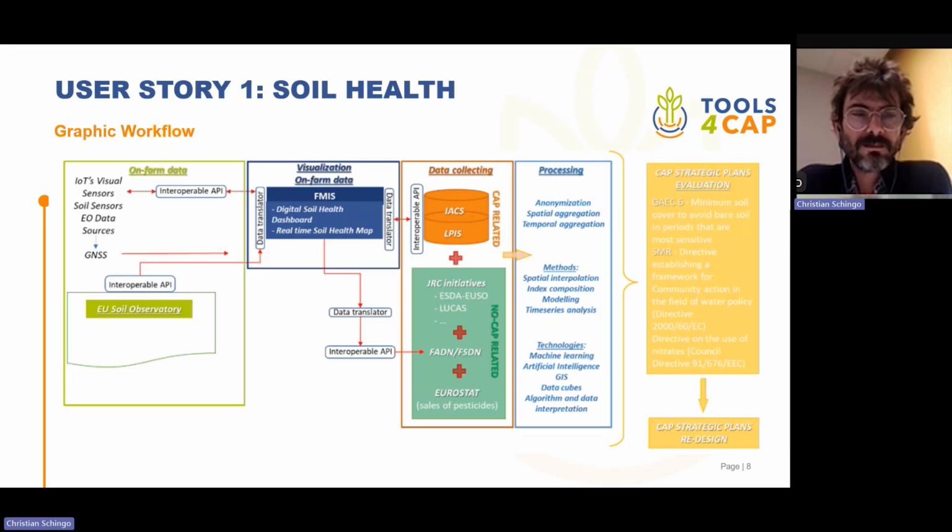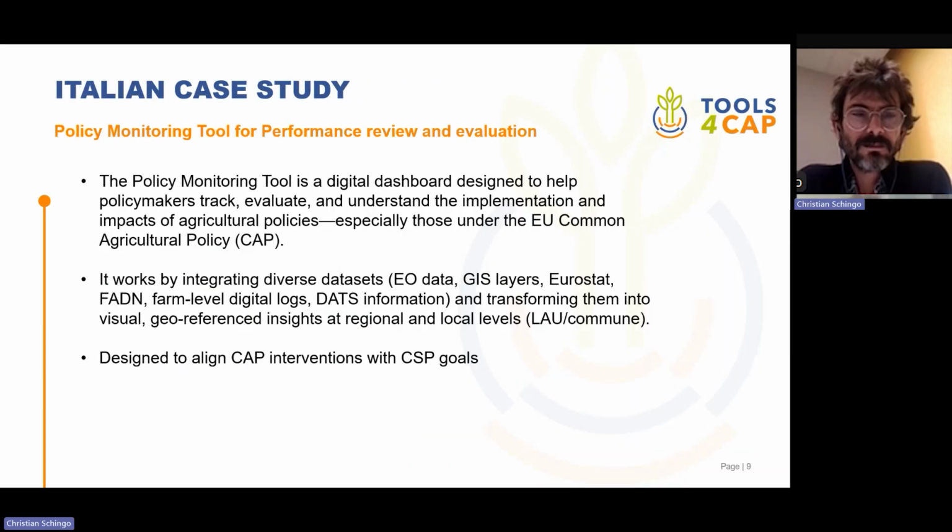And here this administrative CAP-related database can collect all this data, and it can be transformed in something that can be useful to monitor the sustainability of the soil health as one of the CAP variables.